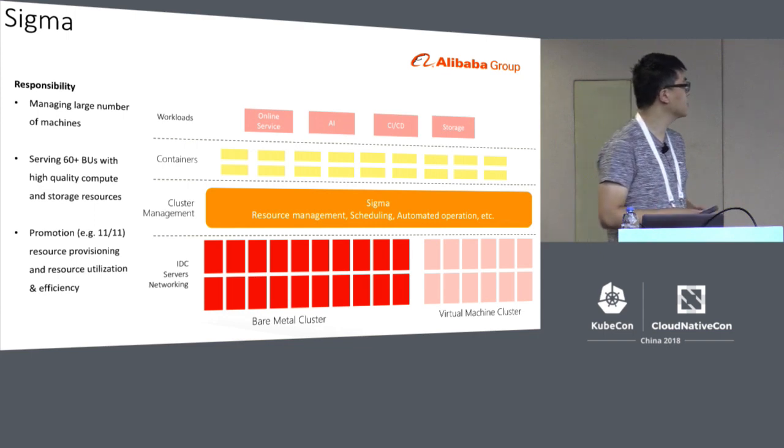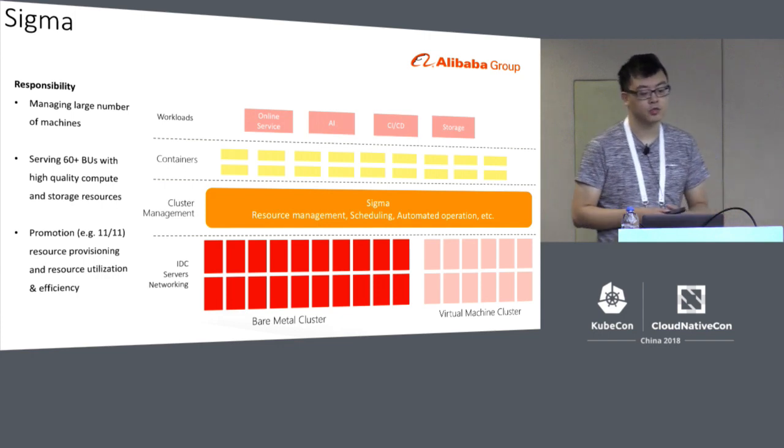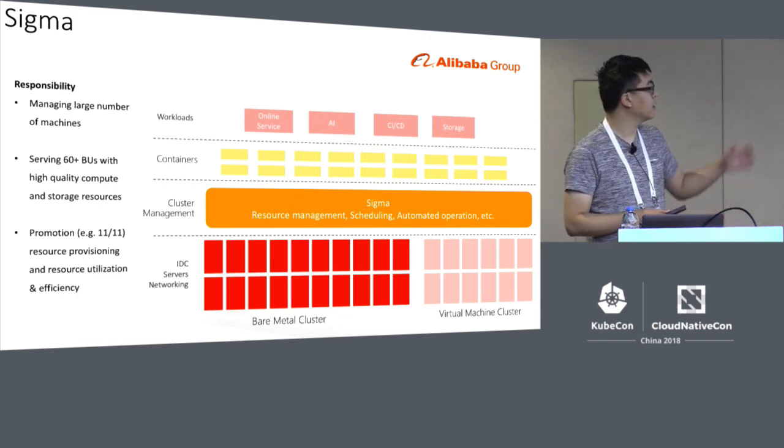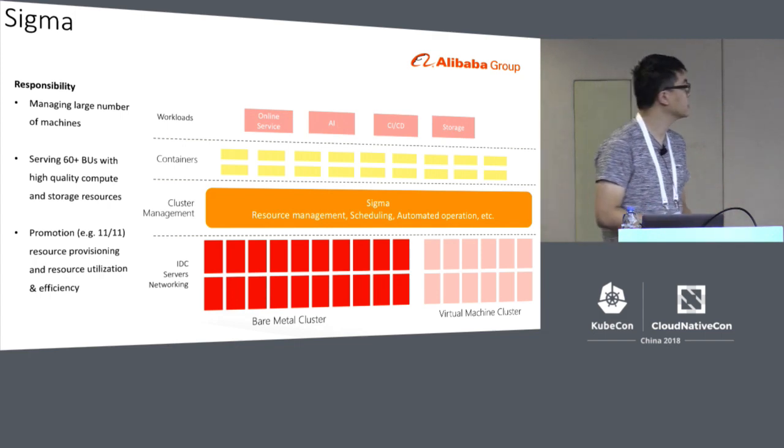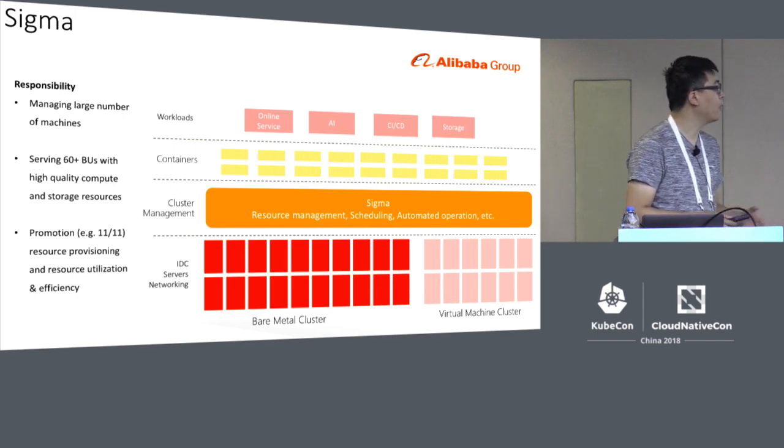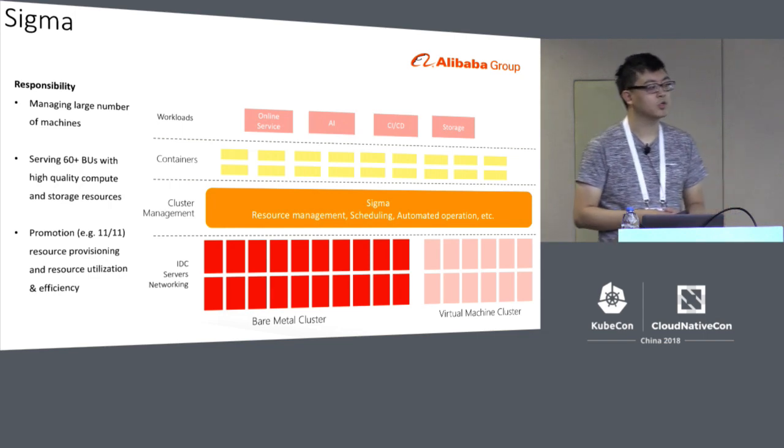We want to offer automatic maintenance with Sigma, and we use containers as the runtime. A typical workload is used by e-commerce, like Taobao and Tmall, Alibaba, we all use the same workload, and we also have some computing workloads like AI or CI/CD and online services.